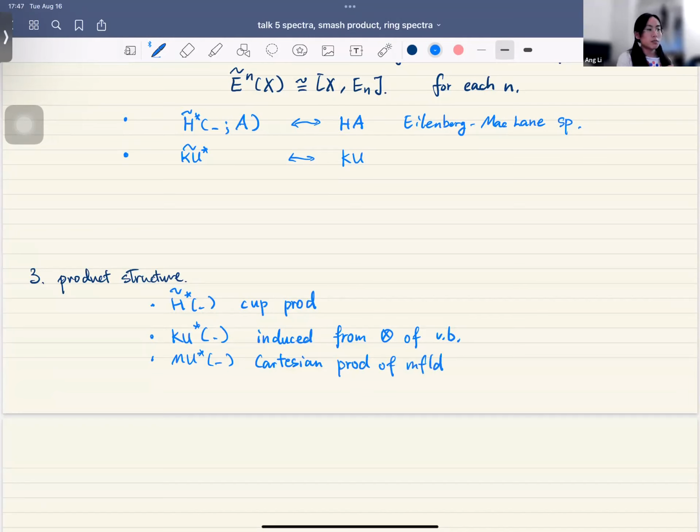So those all make them into multiplicative cohomology theories.